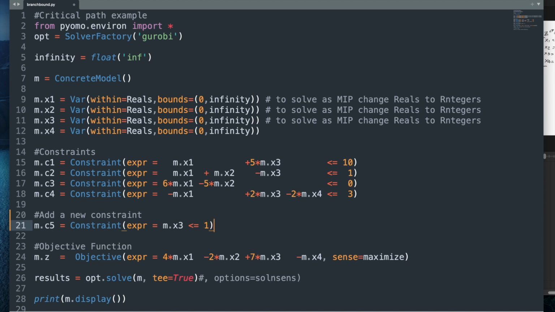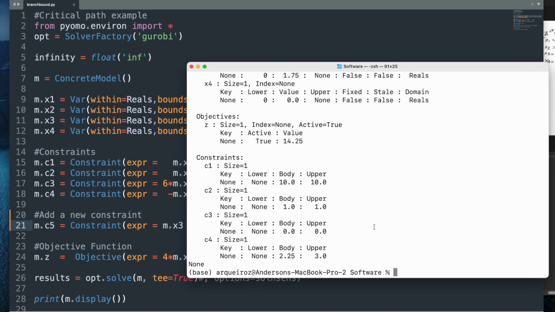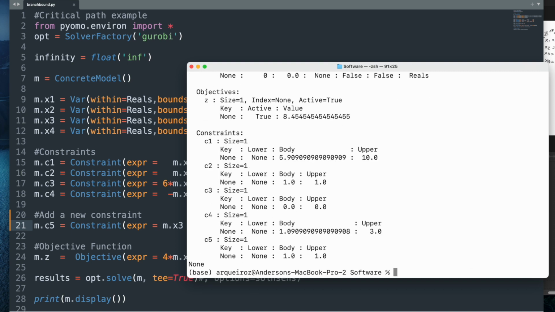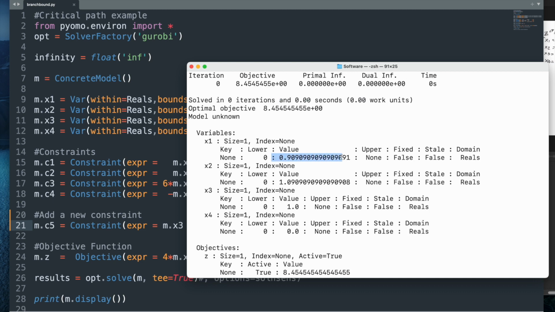Right? So now I'll save this and I can rerun that optimization model. And I have now that the solution for this linear programming is 8.45, and the decision variable values are 0.99 for x1, 1.0909 for x2, 1 for x3, and 0 for x4.